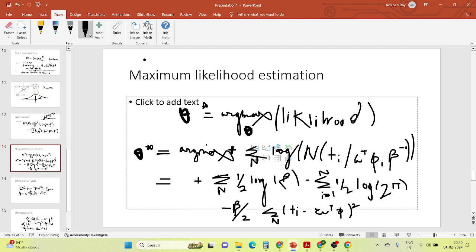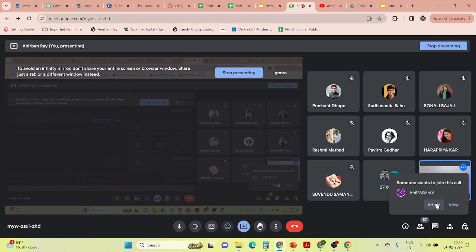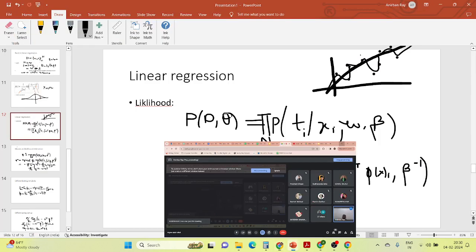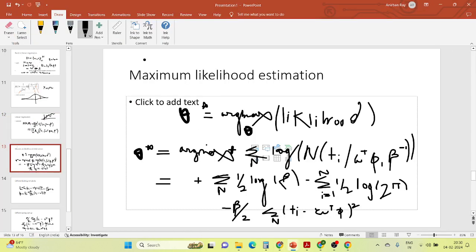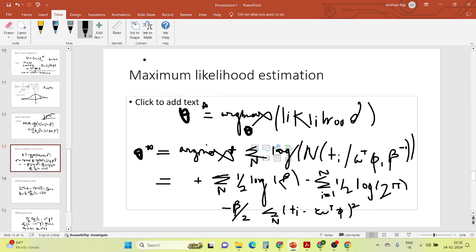So just taking log and separating these. Any other doubt? Or are you able to understand? As you can see here, the beta terms are the first term and third term.